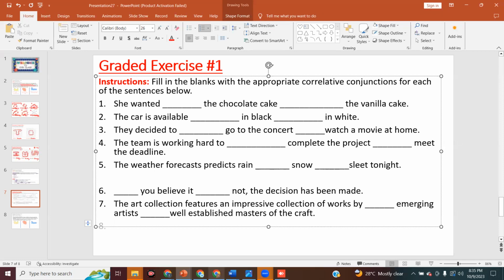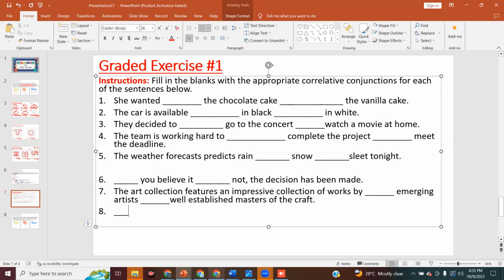Number 8. Blank the museum. Blank. Uh-huh. Is number 5 supposed to be that big?